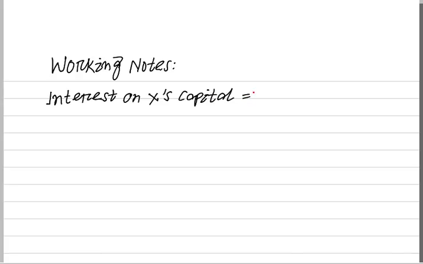X has invested rupees 20,000 at 6% for the whole year. There is no months. That means this is for the whole year.